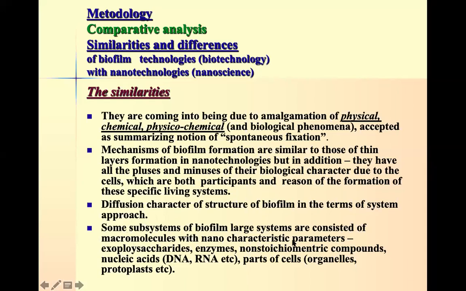Yes, when biofilm is formed, exopolysaccharide, they are actually nanomolecules. So in the biofilm, biofilm forming microorganism sometimes produce and release nanomaterials like exopolysaccharides, enzymes, non-stoichiometric compound, nucleic acid, DNA, RNA.